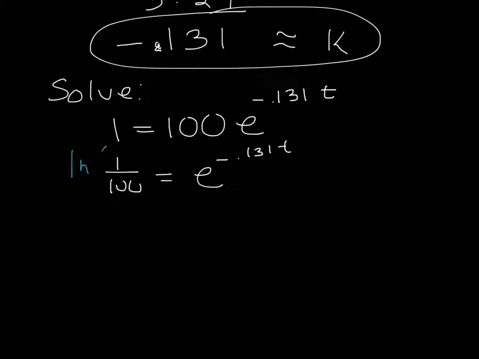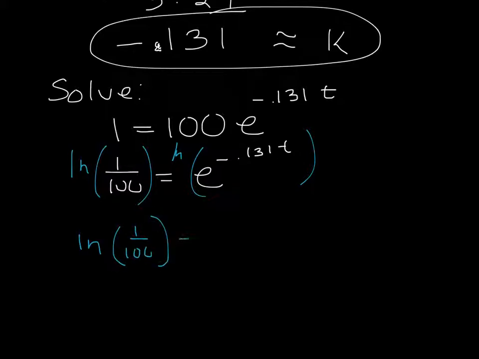So ln of 1 over 100 equals, since ln and e are inverse functions, and we're working with logarithms, I can bring that power down, negative 0.131t.